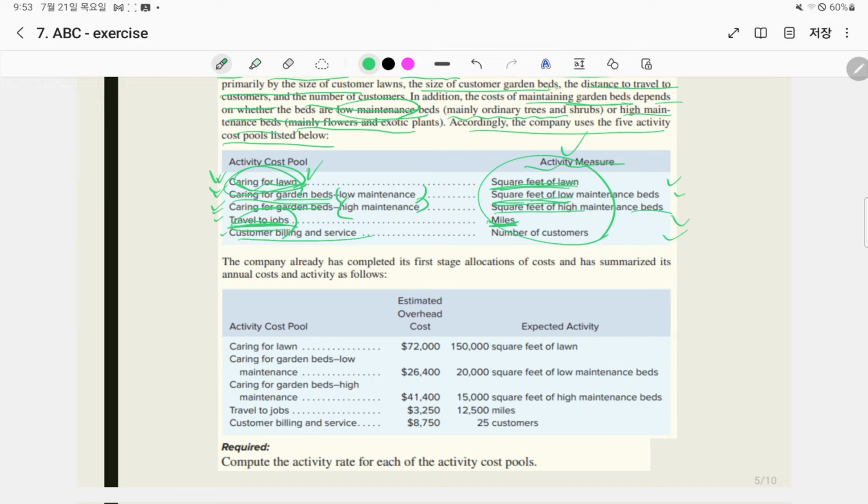But fortunately, you already have the activity measures in this question. But in practice, the most challenging part is defining what kind of activities are there. You should define what kind of activities are involved, and then what kind of specific measures you utilize to measure the level of activity. It is very challenging, right?